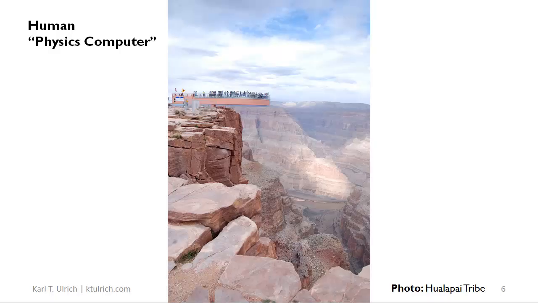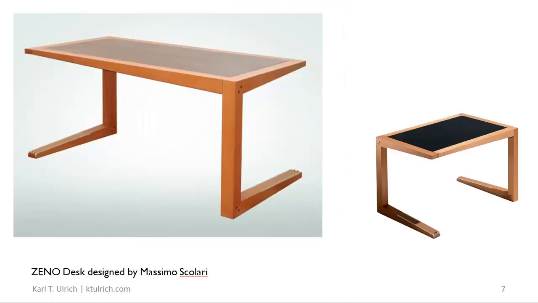Now let me give an example of how that plays out in furniture design. This is a desk that I like quite a lot, designed by Massimo Scolari, and it's called the Zeno desk. If you look at it for a minute, I'd be very surprised if you didn't find it intriguing and also a little bit strange.